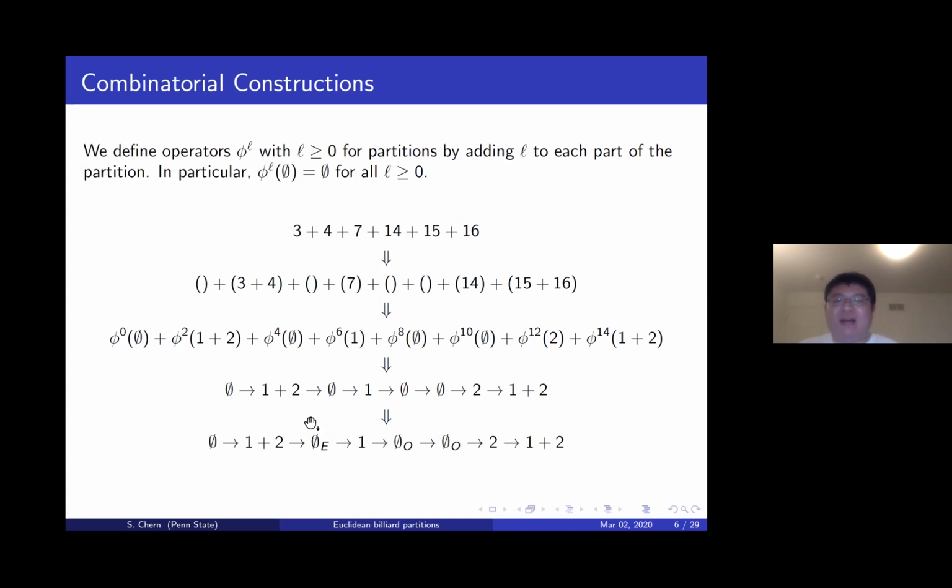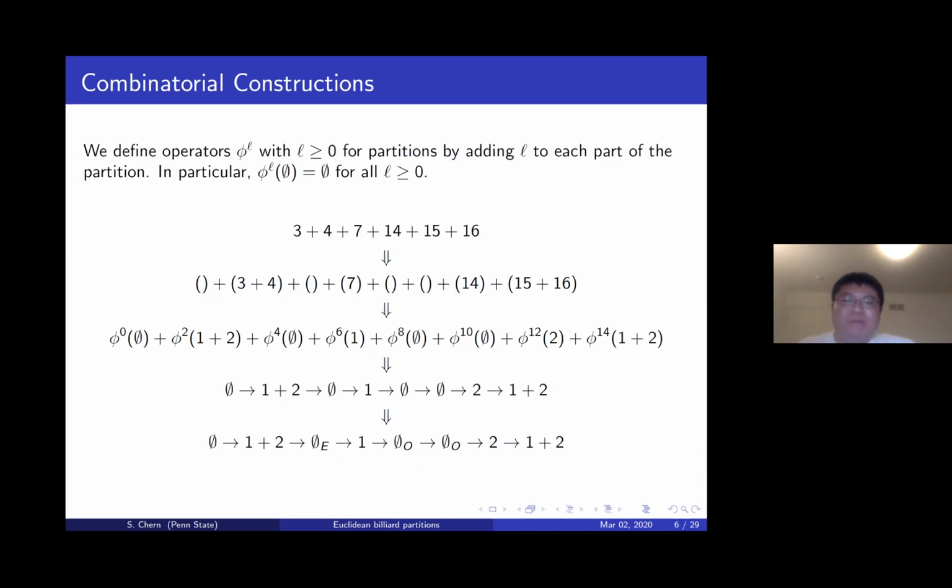For other partitions, for example, for this one, this empty partition follows 1 plus 2, and here the largest part is even. So we just add a subscript E. So this empty partition follows a partition with the largest part even. And for this one, the largest part is 1, so it's odd. So we add a subscript O, and likewise, we still have empty partition sub O.